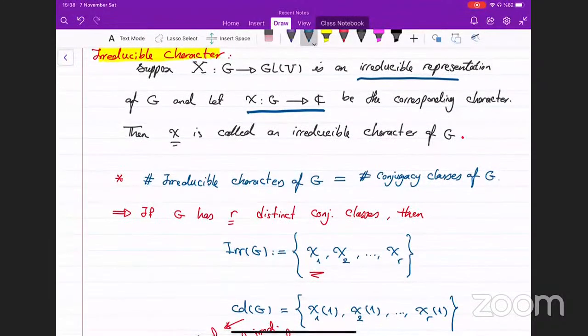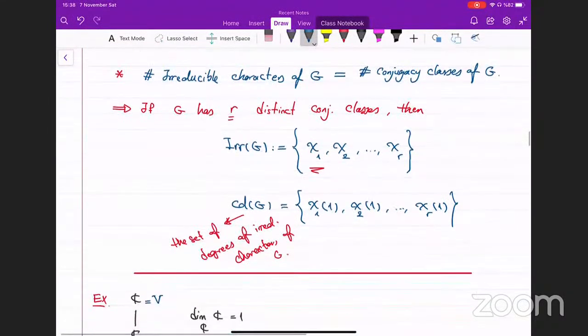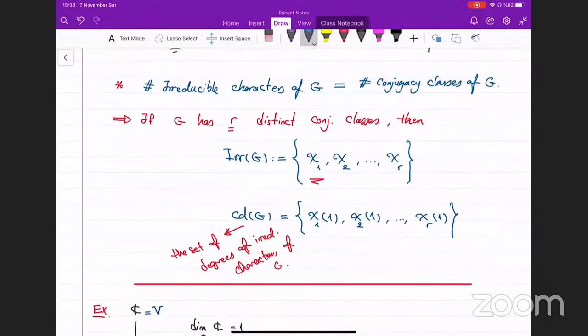This is a famous theorem in representation theory of finite groups: the number of irreducible characters of G is exactly the number of conjugacy classes of G. Distinct conjugacy classes and distinct irreducible characters, the numbers are equal.